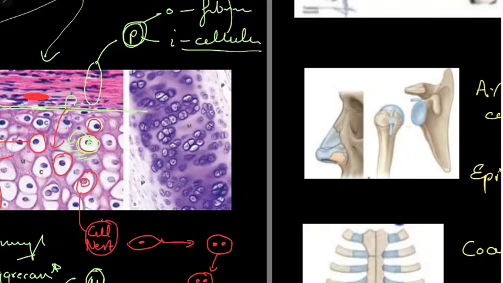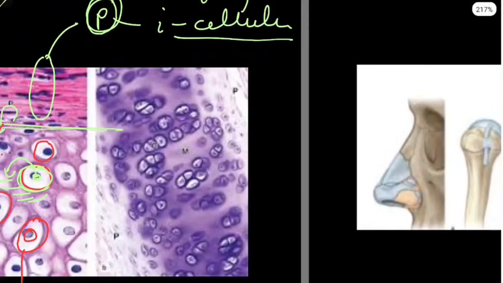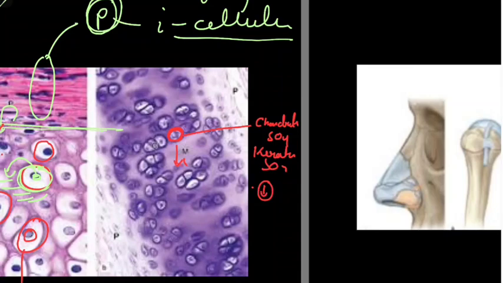Now cell nests are surrounded by more basophilic staining. This is more basophilic, you see, because of chondroitin and keratan sulfate that is concentrated around these cell nests. As we go away from the cell nest, the basophilic staining decreases, because the chondroitin and keratan sulfate decreases here.